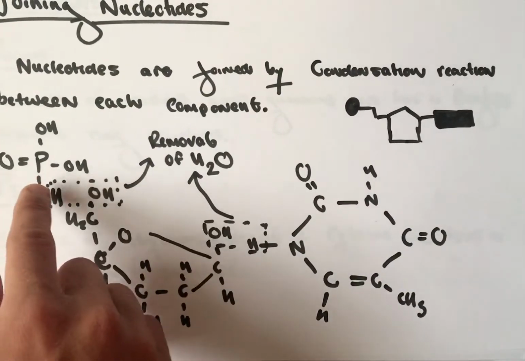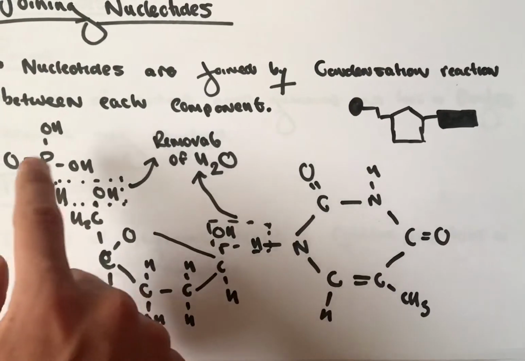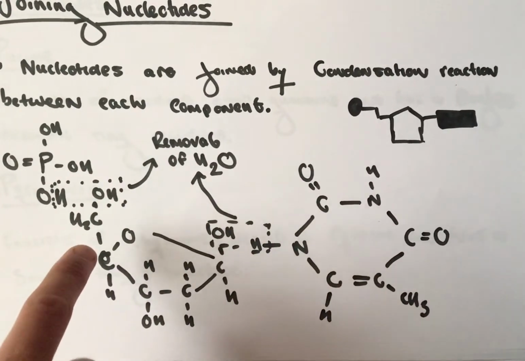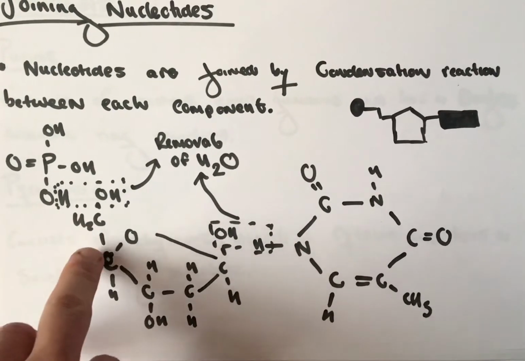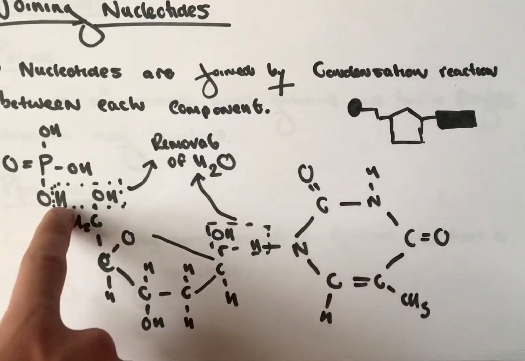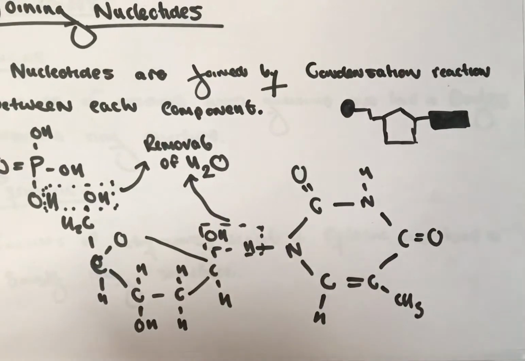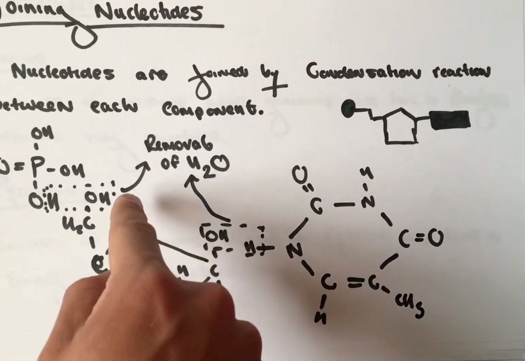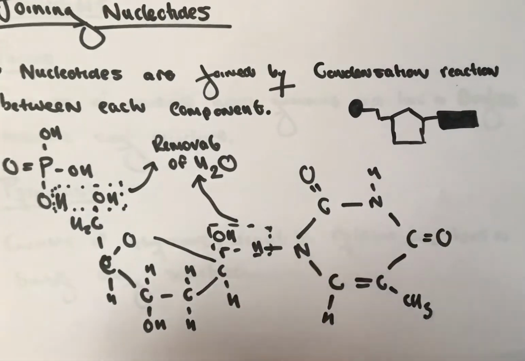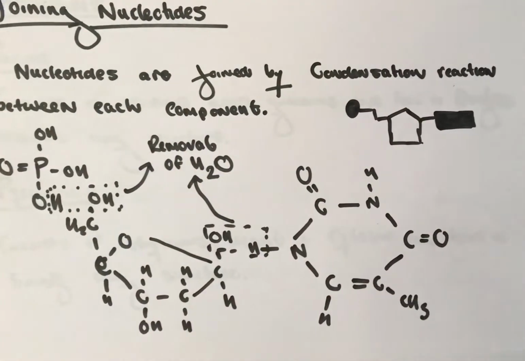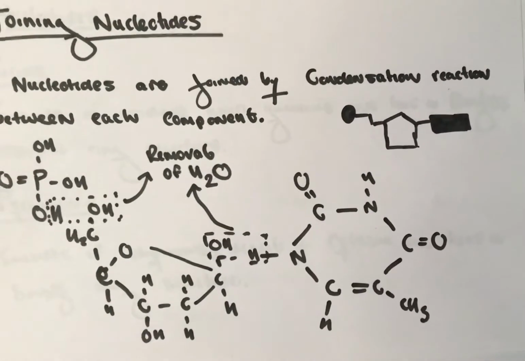And this same thing also happens between the phosphate group here and the ribose sugar here. So the hydroxyl group is taken from the sugar and the H is taken from the phosphate group, and again another molecule of water is removed in the process of the condensation reaction. And this overall molecule is what's known as the nucleotide.